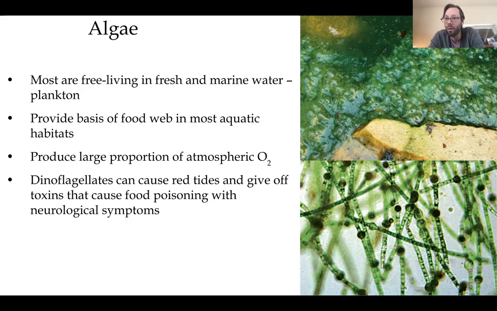Some dinoflagellates are bioluminescent, so we can also see these beautiful images at night on the coast with just this blue light along the shore. But other ones can secrete toxins that then harm the other life in that area. And then you get these large dead zones where nothing can exist but the algae.